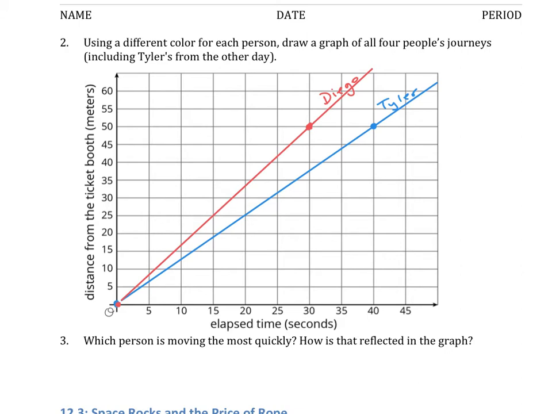Lynn, again, started at the origin, right? She left at 0 seconds. She was 0 meters. And it took her 20 seconds to go 50 meters. So this is Lynn right here. I'm going to go ahead and connect her.